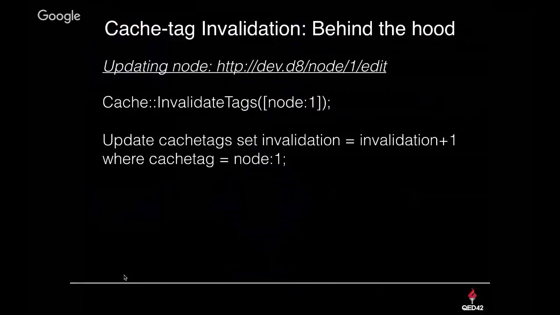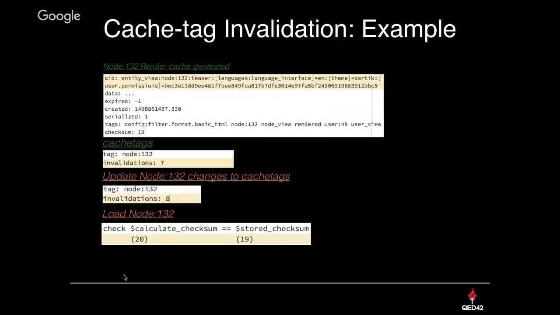Let's take a look at an example, and we'll come back to the slide after taking a look at this. So this is the data that was stored in the database. We are taking an example of node:132. The very first block has the list of column values for node 132's render cache.